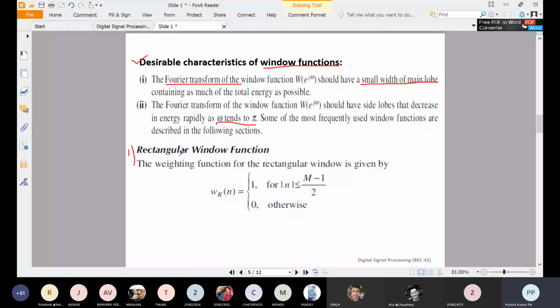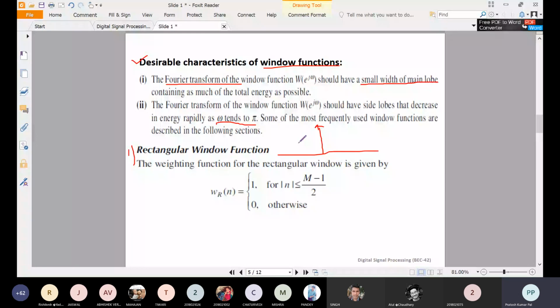As the name suggests, it is a rectangular window function, a function that will be having a response that is a rectangle.